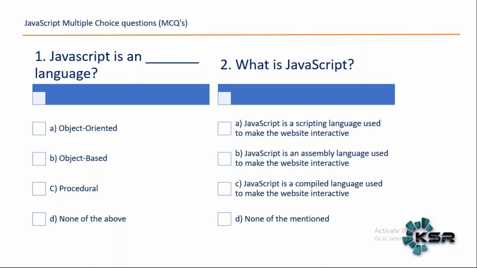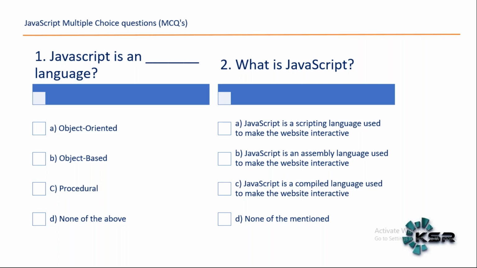Let us see, we discussed JavaScript, right? So it is time to check whether our understanding is correct or not. JavaScript is what kind of language? Is it an object-based language, object-oriented language, procedural language, or none of the others? So you have to answer it so that it will be more interactive, right?